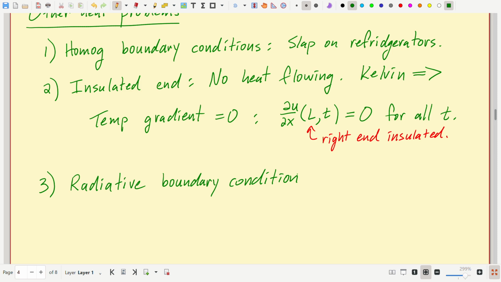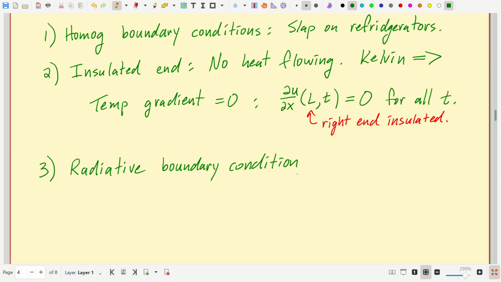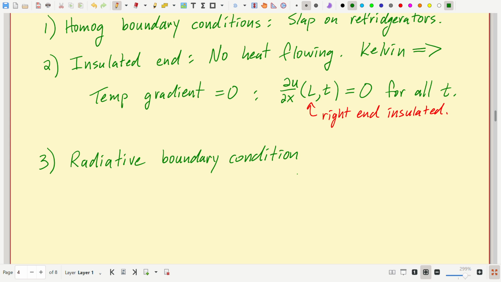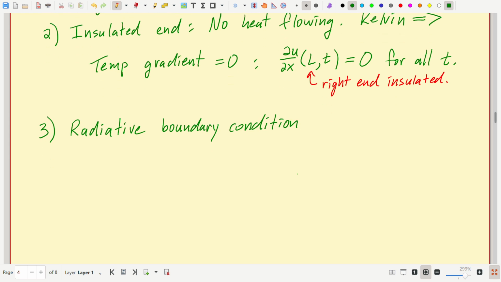So if you're stuck in a space capsule and it's not insulated, you're going to get really cold really fast. Anyway, let's think about the radiative heat condition at L.